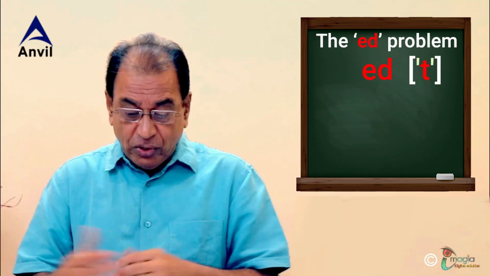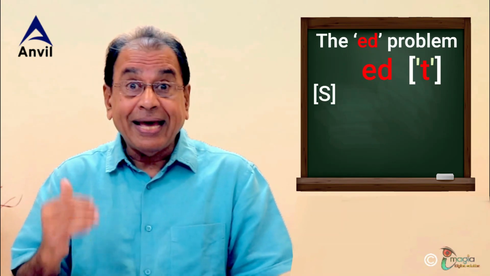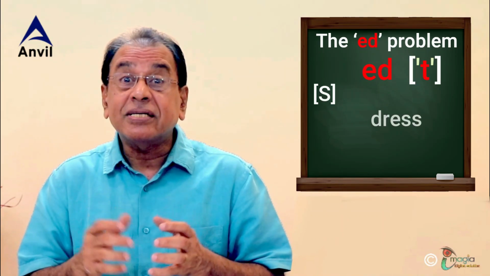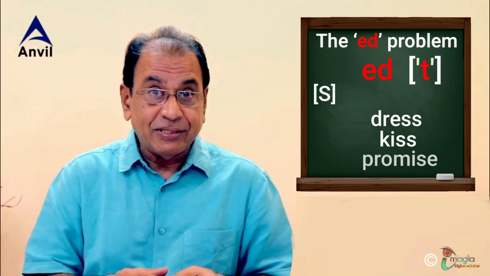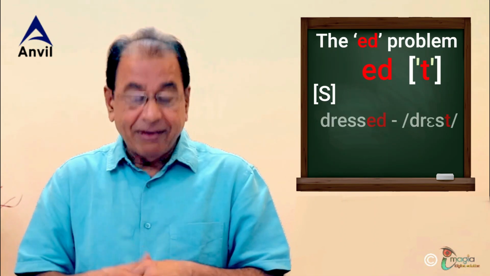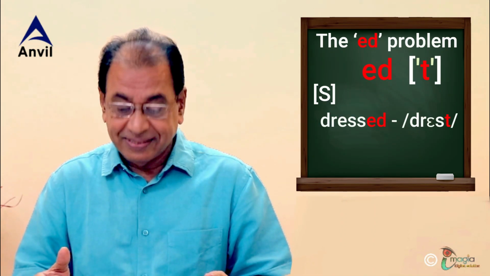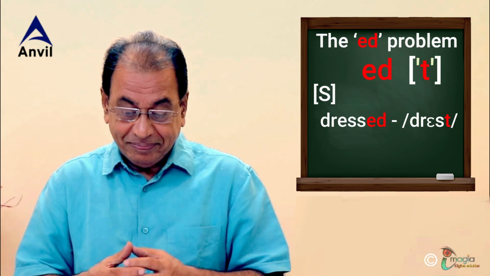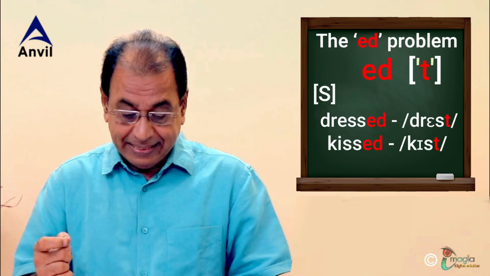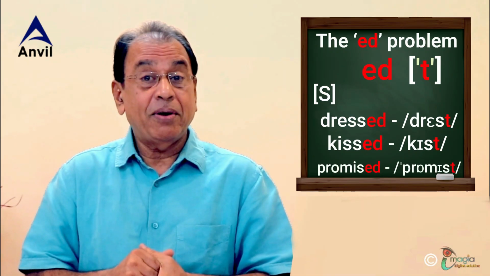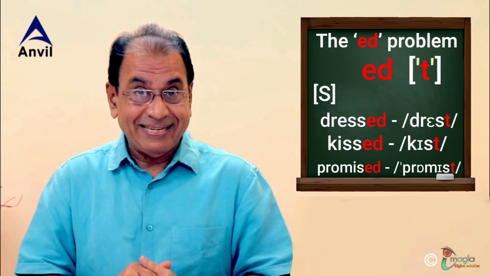Now take a look at the words that end in S. Say for instance, trust, kiss, promise. T-R-U-S-T, trust. And K-I-S-S, kissed. Promise, P-R-O-M-I-S-E, promised.